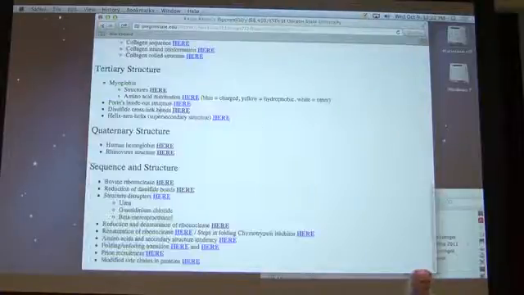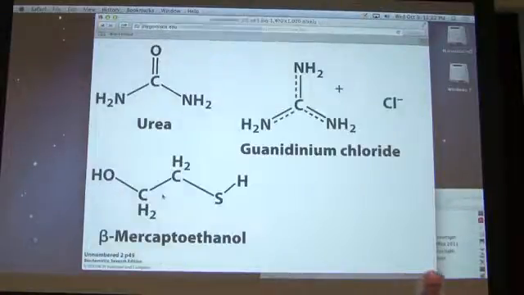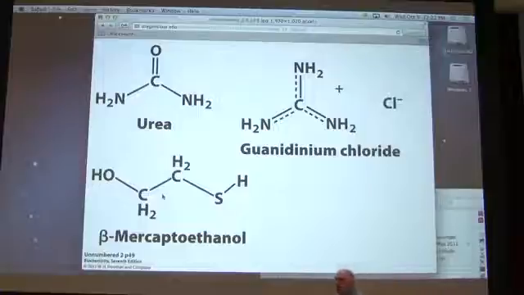Now, I showed you earlier that there was urea, and I said that urea had the same effect as boiling because what urea does is it breaks down hydrogen bonds. It interferes with hydrogen bonds. So if I add urea to a protein, there's a very good chance I will denature it because it's going to disrupt its hydrogen bonds, and those hydrogen bonds are going to be necessary for secondary structure, they're going to be necessary for tertiary structure, and if there's quaternary structure, they may be necessary for quaternary structure.